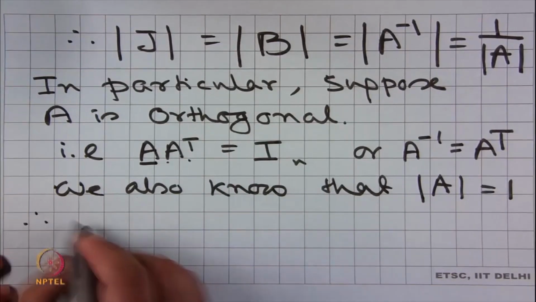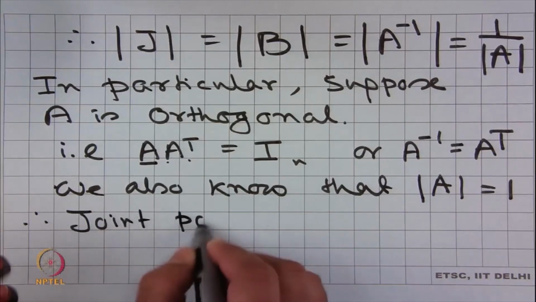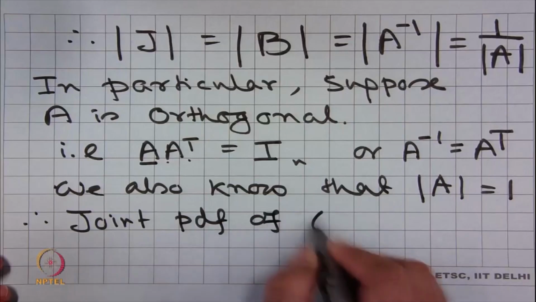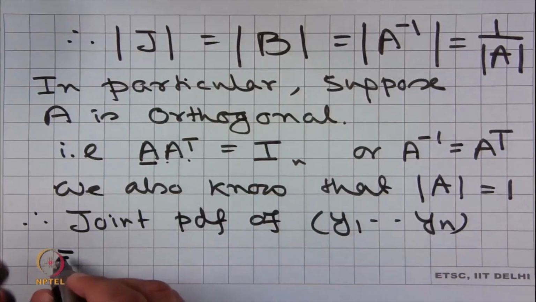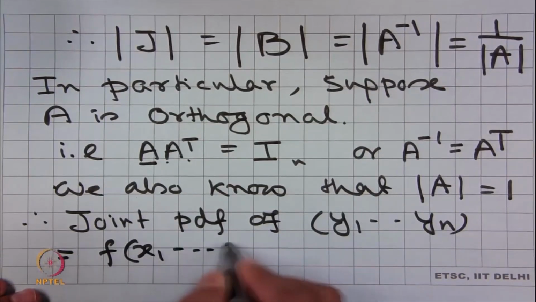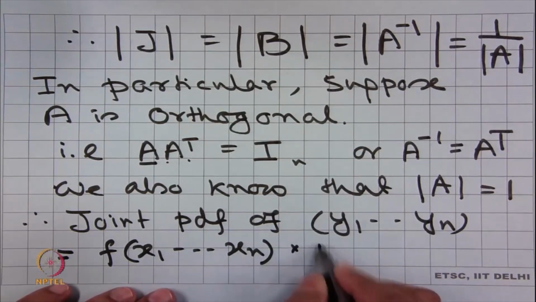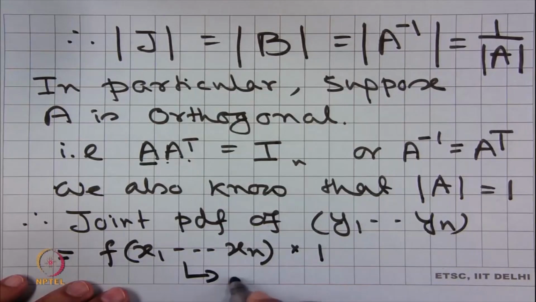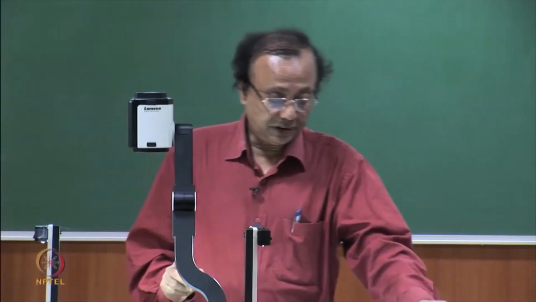Therefore, the joint PDF of y1, y2, yn is equal to the joint PDF of x1, x2, xn multiplied by 1. This is expressed in yi's, right.